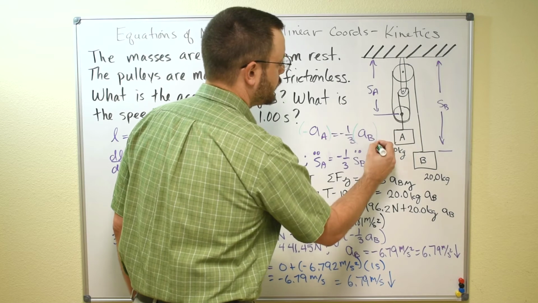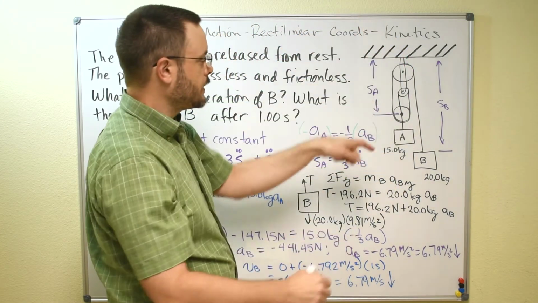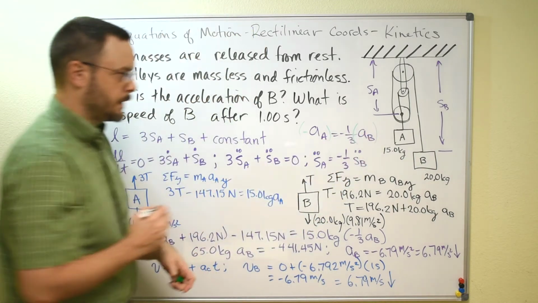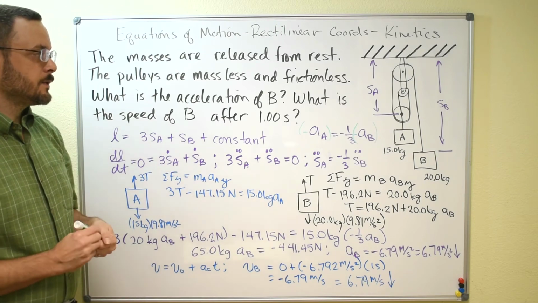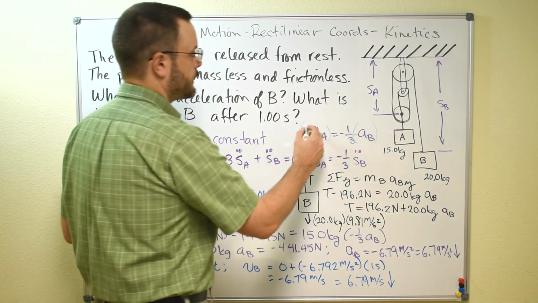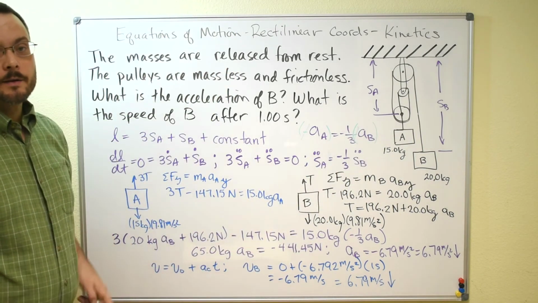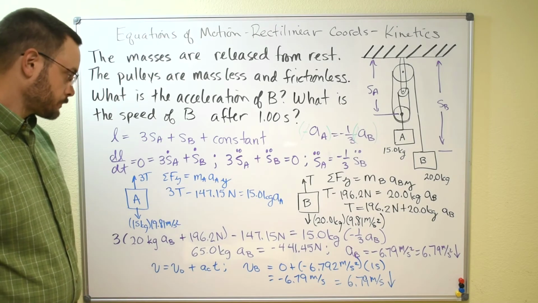And then when we're looking at B, if SB is increasing, we're moving down. So that would be the same thing as putting a negative in here and substituting AB for SB double dot. But you can see that those negatives are just going to cancel out, and you'll get that acceleration A is equal to 1/3 the acceleration of B.